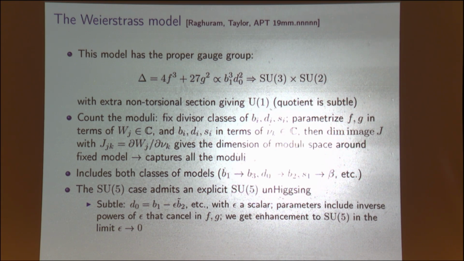And then naively, you wouldn't be able to set epsilon to 0, but it so happens that with the appropriate redefinitions, all of the inverse powers of epsilon cancel in f and g. And so you can safely take epsilon to 0, and it is in that limit that you get an SU5 enhancement without the additional U1 factor. So this is exciting because we can explicitly see in our model that the SU5 unhiggsing does exist.